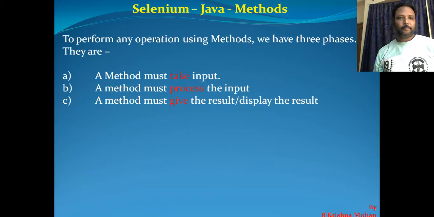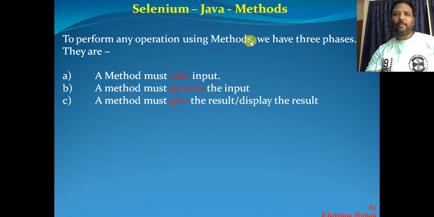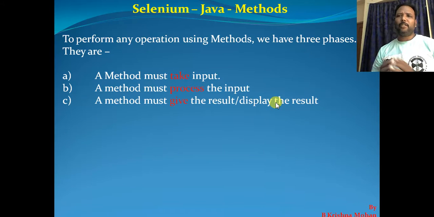To perform any operation using a method or a function, there are three phases. First, a method must take an input, a method must process the input, and a method must give the result or display the result. That's what a method does. First we give some input to the method, the method or the function performs some operation by taking the input, and it gives some output. That output can be used.